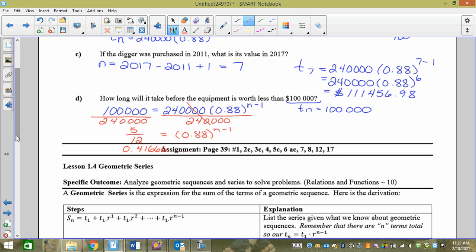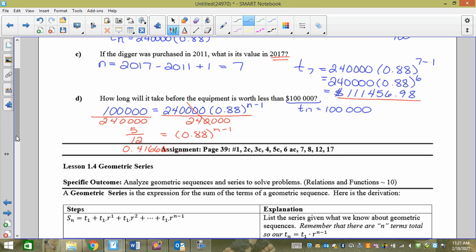So the way that I would do it is, okay, in 2017, I know I have that, correct? And then I take that and I times it by 0.88. And am I below 100,000? Yeah, it's like 98,082. So it's 2018.